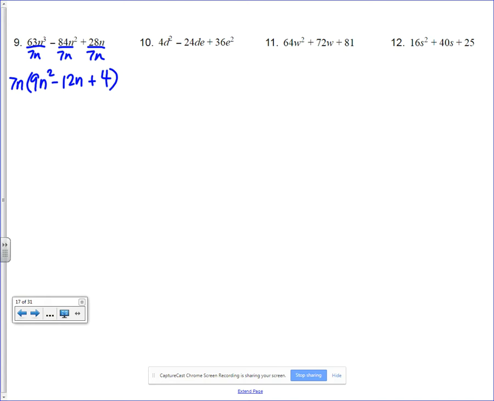Good. Binomial, right, folks? Long way, right, folks? Unless you notice, these are both perfect squares.